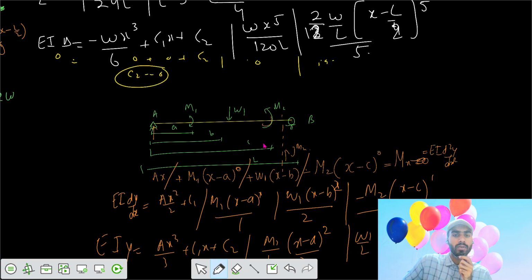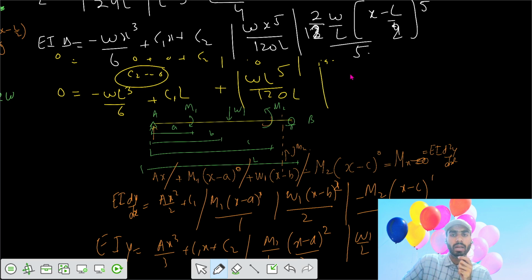Similarly, at x equals L, delta becomes 0. When you substitute x equals L, you get C1 into L, and this term is also included. We can write wL to the power 5 divided by 120L, and this part, L minus L by 2, is not ignored, because L minus L by 2 is positive, so we can't ignore that.